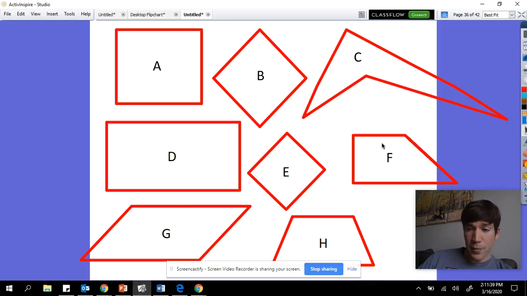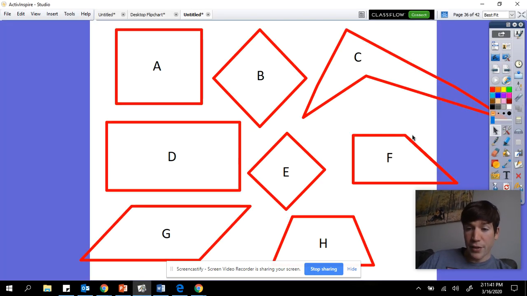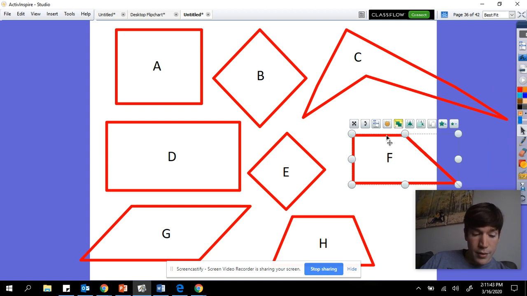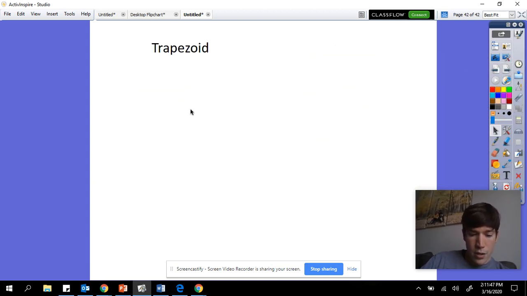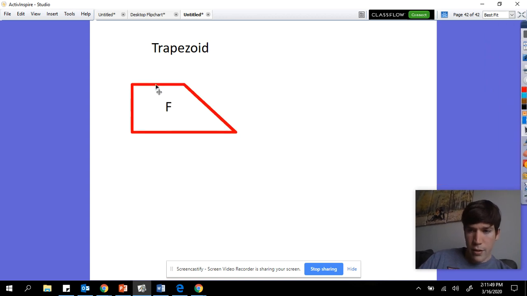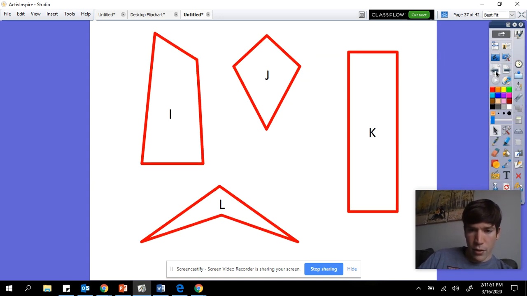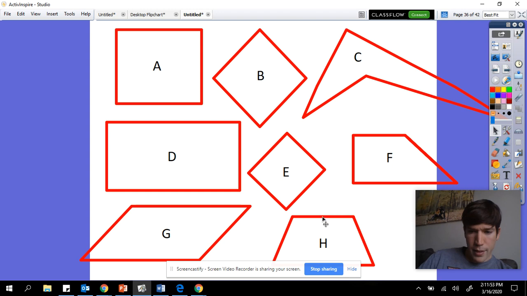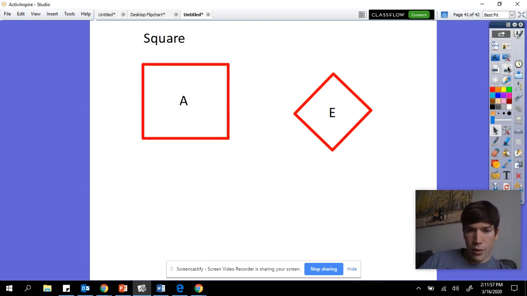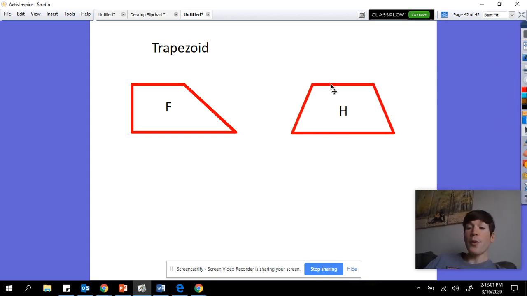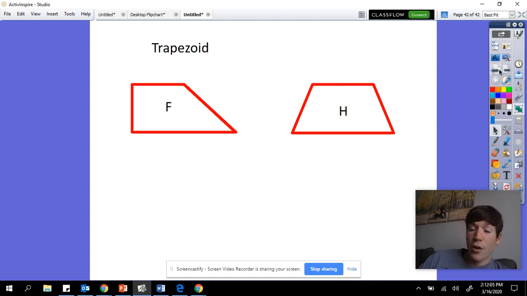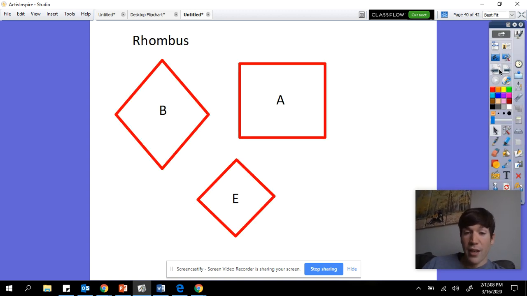Out of these shapes, we did have two trapezoids, and that would be shape F, which we'll put here, and also shape H. Those were both trapezoids.